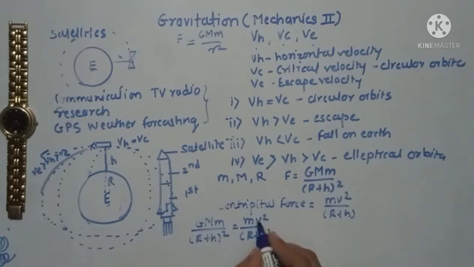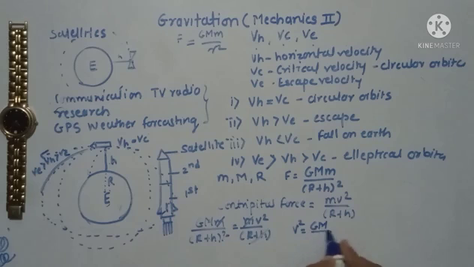From here I can derive the equation for this v. So this m will get cancelled, and the square and r plus h will get cancelled, and what I am left with is v square equal to GM upon r plus h, or I can write v is equal to square root of GM upon r plus h.